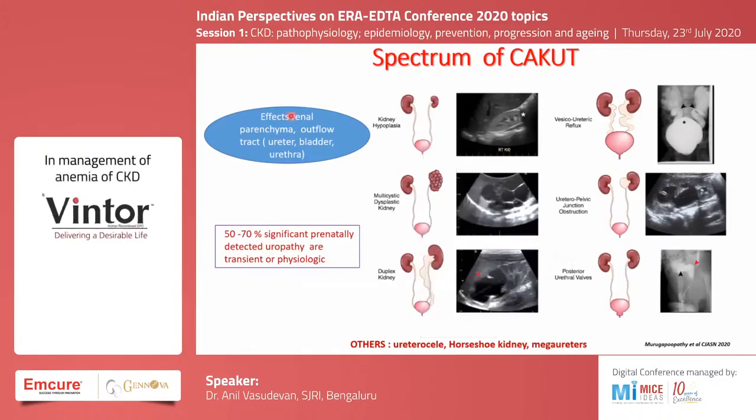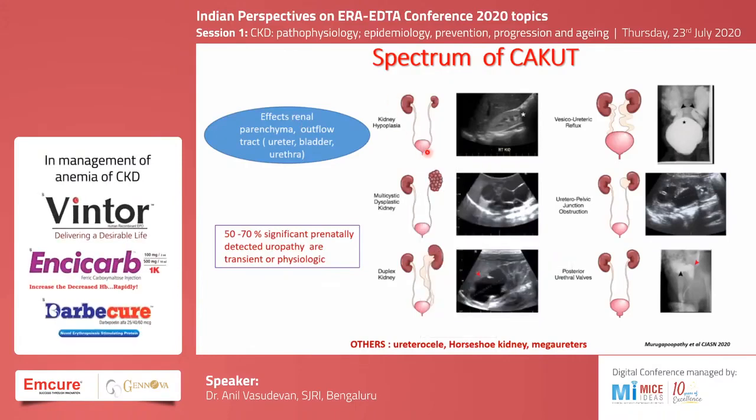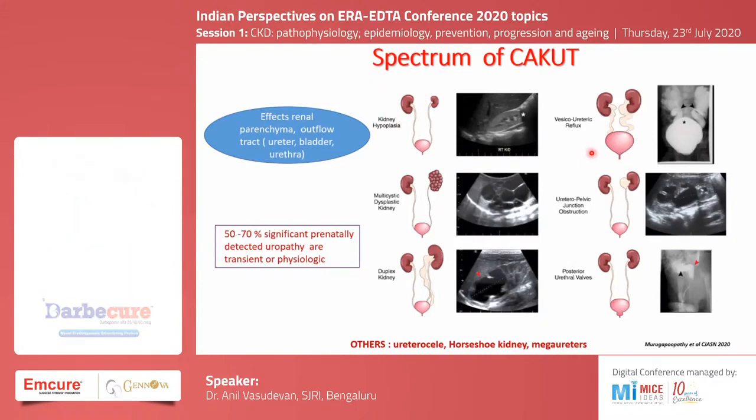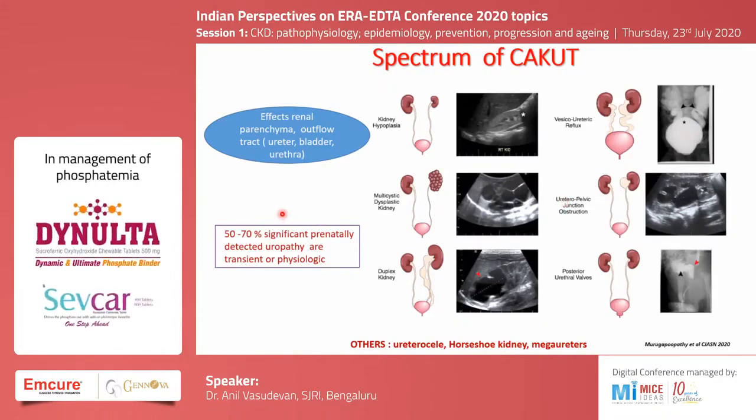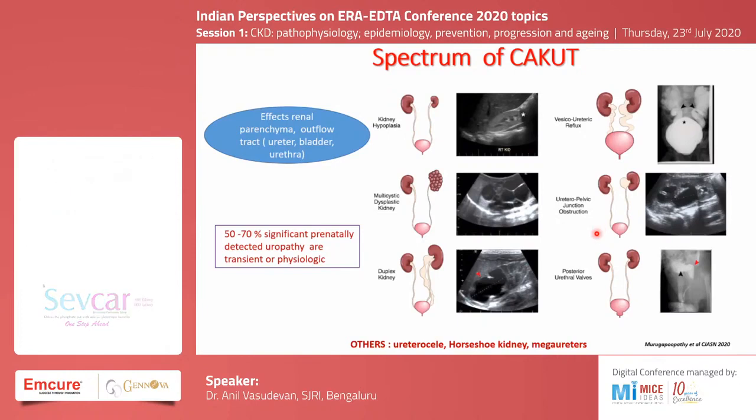One is reflux or reflux nephropathy, where there may be associated dysplasias, and the third group is obstructive uropathy, and the most common representative example is posterior urethral valve.